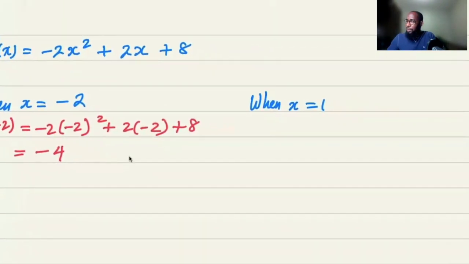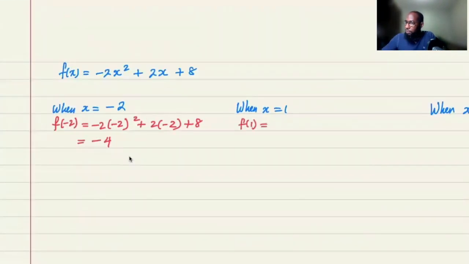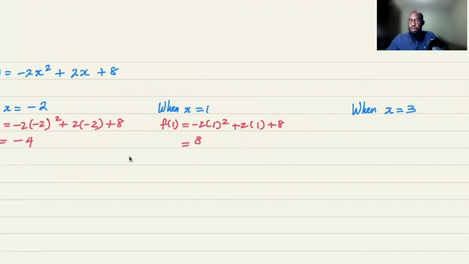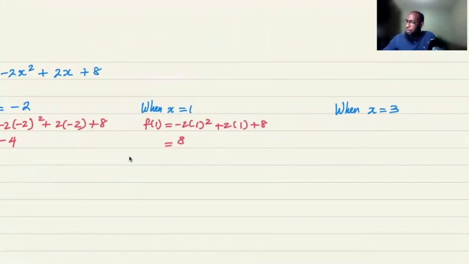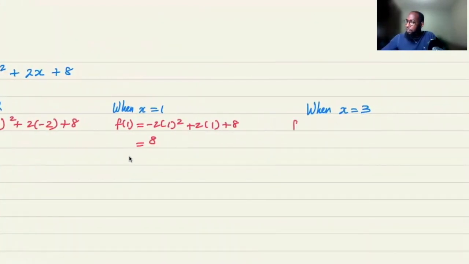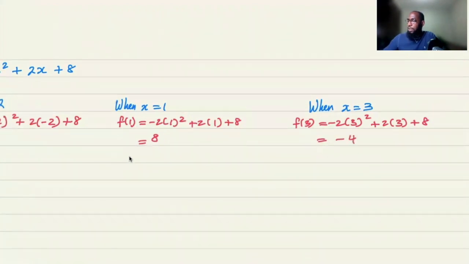When x is equal to 1, f of 1... input this into the calculator, you get 8. And lastly, when x is equal to 3, f of 3... you input this into your calculator, and here you'll get negative 4.